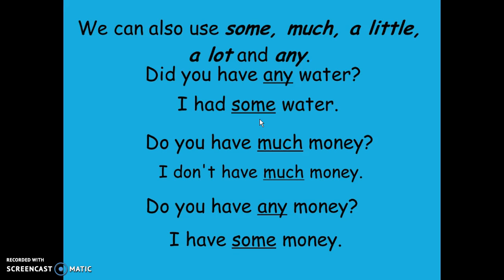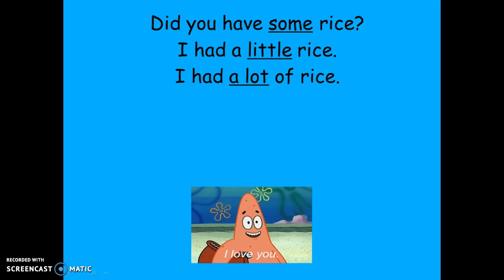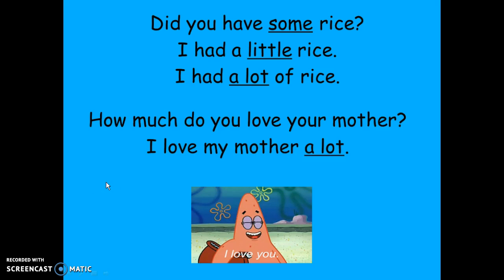You might say, I have some money, I have a little money, or if you are lucky, I have a lot of money. If you were very hungry and ate 2 big bowls of rice, you would say, I ate a lot of rice. If someone asked how much you loved your mother, you would say, I love my mother a lot. But if someone asked, how much do you love homework? You would probably say, I don't love homework at all.